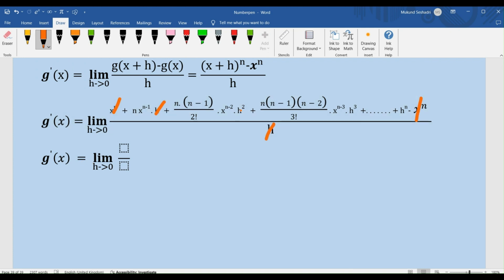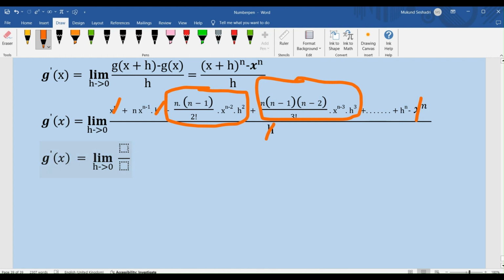And similarly, in the second part of the numerator, which is this expression, I can cancel out one h, and my h square becomes h, and similarly in this expression my h cube will become h square, right?